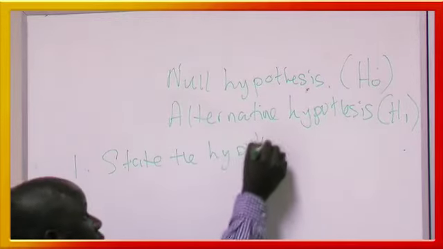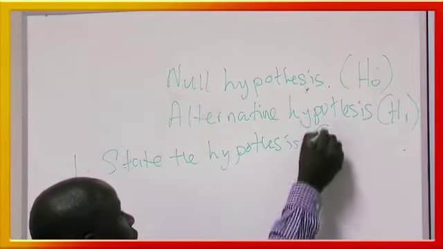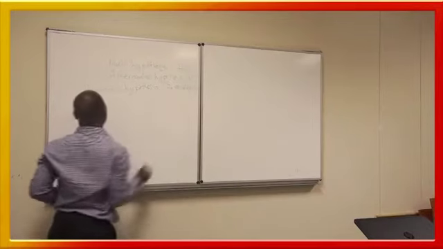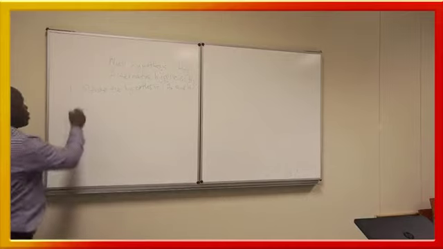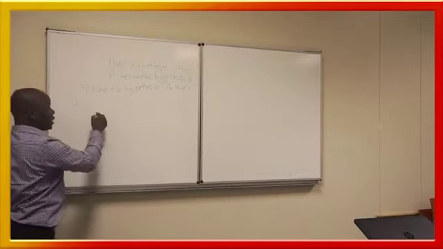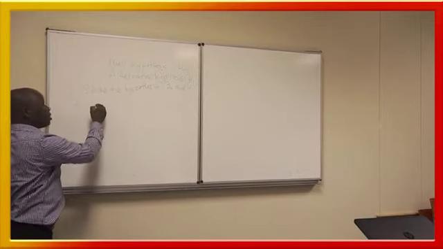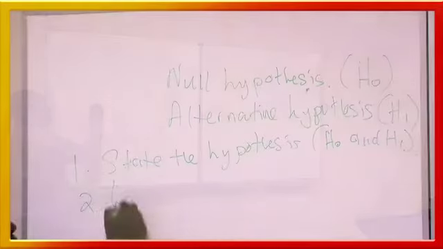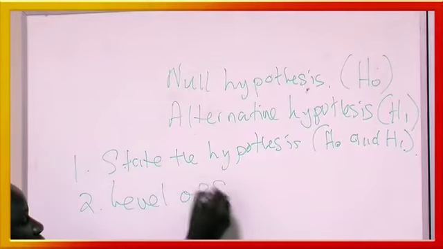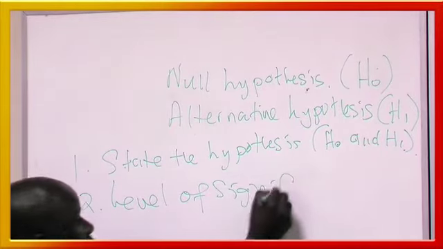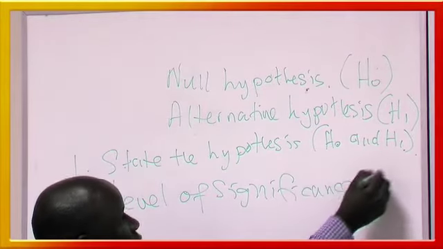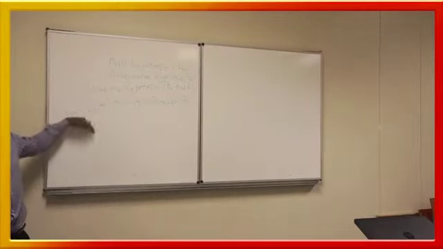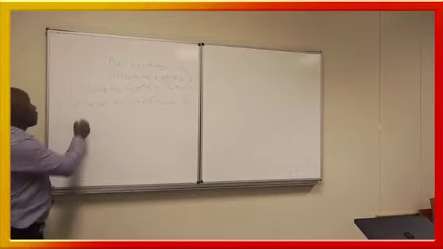Now, in this case, you need to specify H0 and H1. Then you also need to state what we refer to as the level of significance. The level of significance is known as alpha. I shall be explaining each of these ingredients in detail.